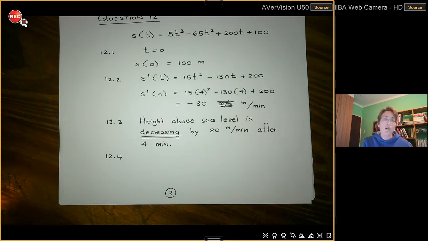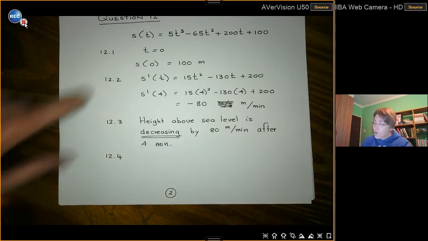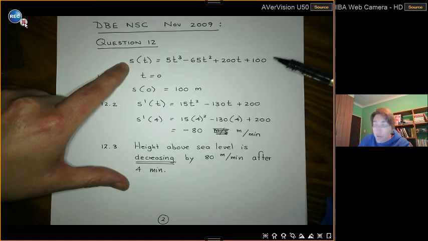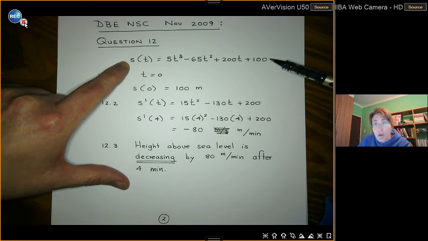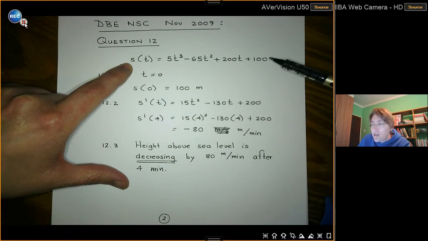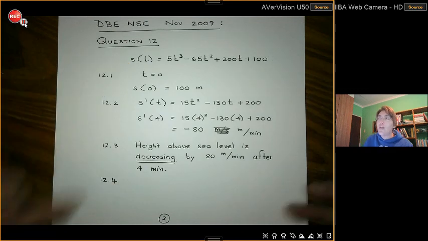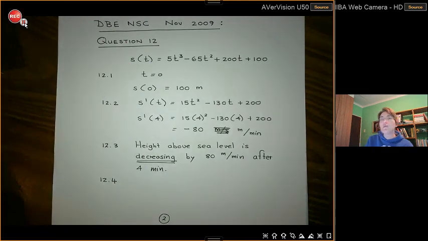Now, if they go and ask where will the height above sea level be a minimum, then you would have had to go and find the first derivative of this and set it equal to 0 to know where the height above sea level is at a minimum. But that's not what they asked. They asked, after how many minutes will the rate of change be at a minimum? So that means that it's got to be where the rate of change is a minimum. So we first have to find the derivative of the rate of change and set that equal to 0.